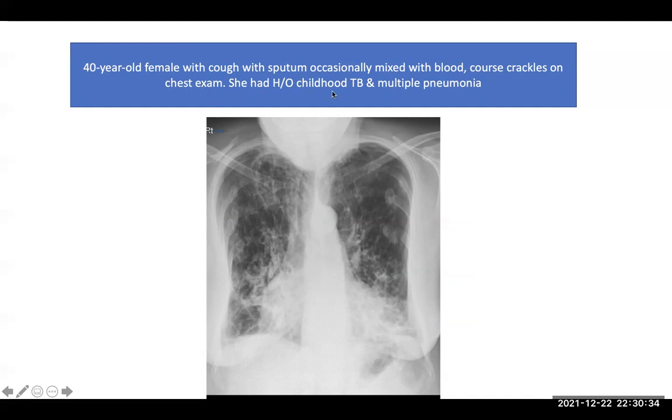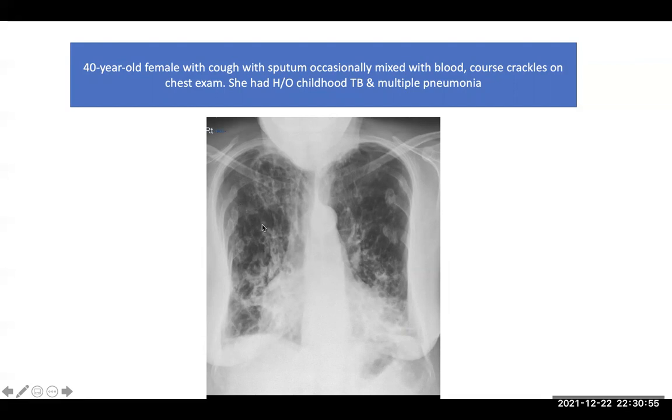She had a history of childhood TB and multiple pneumonias. In this X-ray, we find that there are some lesions present bilaterally, and I will not tell the diagnosis right now. Can anyone tell or write in the comment section?